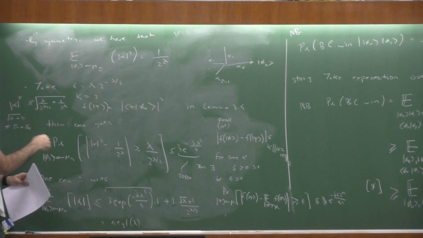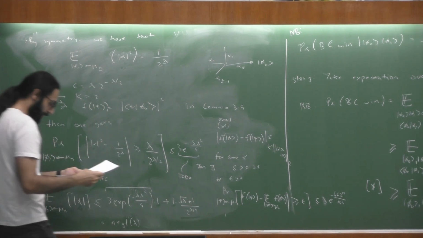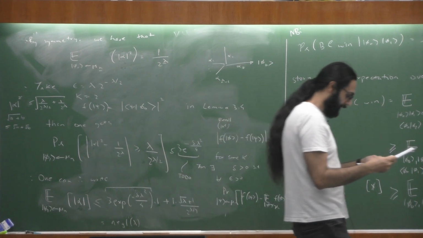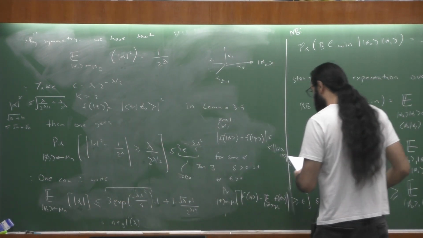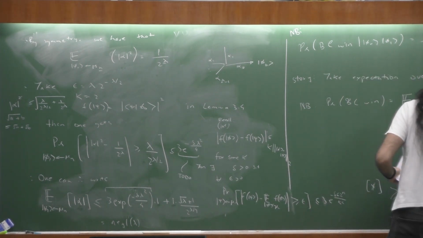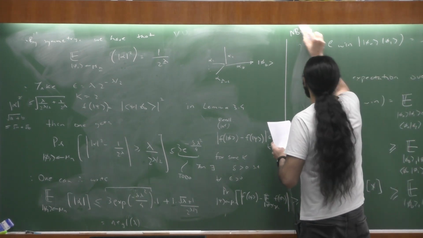So you plug that in, do the calculation, and you get that. Okay, so we know that the expectation of mod alpha is negligible using all the machinery we've constructed so far.